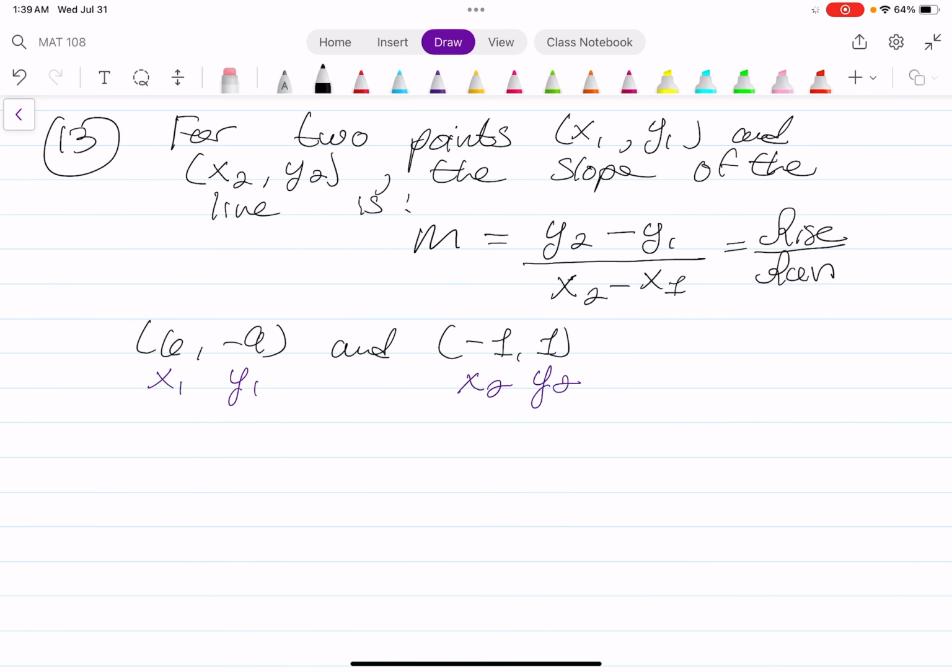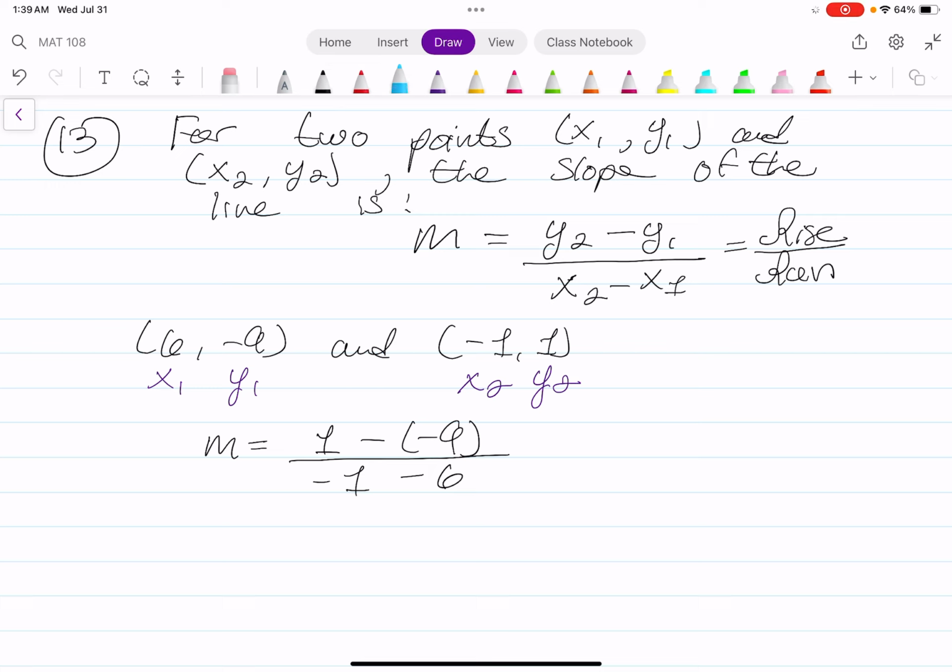Now we can work our slope formula to find the slope between these 2 points. M is equal to y2 minus y1. So that's 1 minus negative 9. Put that negative 9 in parentheses. Divided by x2 minus x1. So that's going to be negative 1 minus 6.